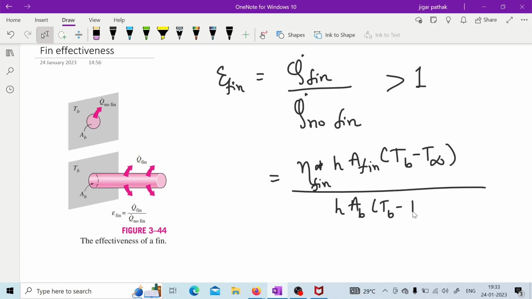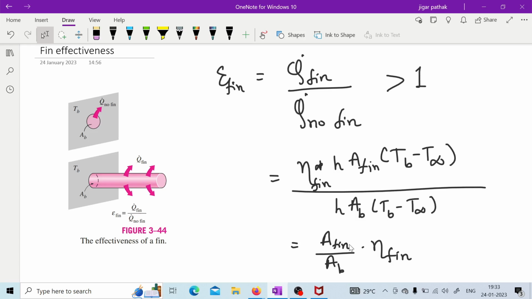So basically the area of fin divided by base area, into the efficiency of fin, will define the effectiveness of fin.